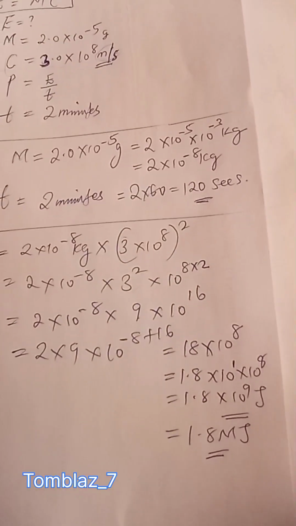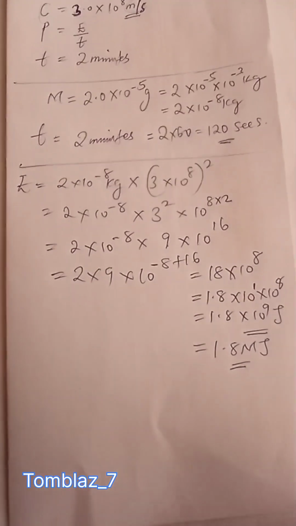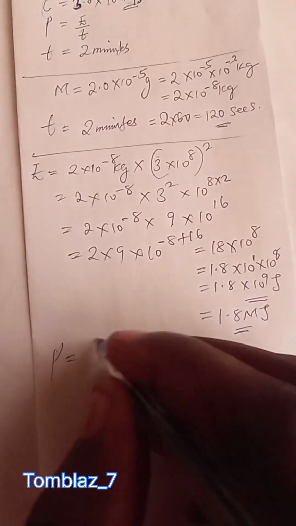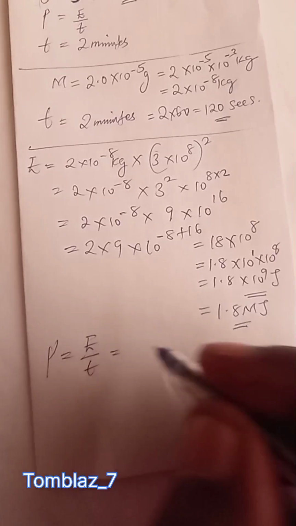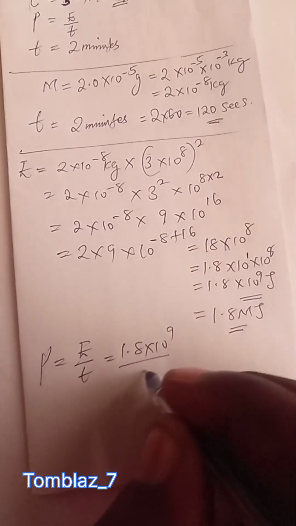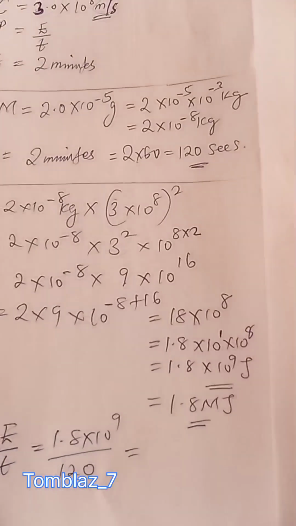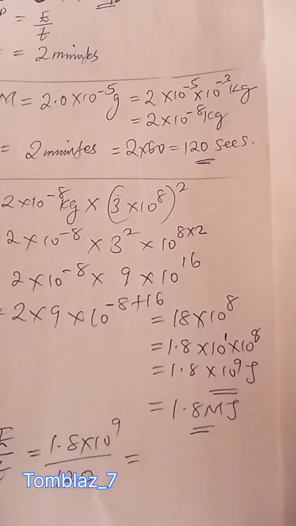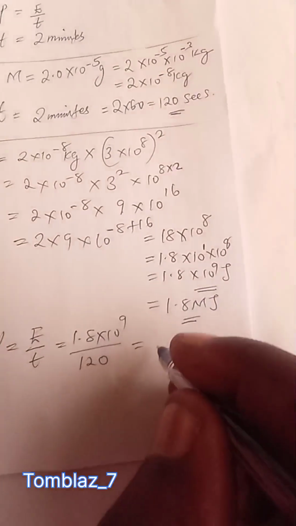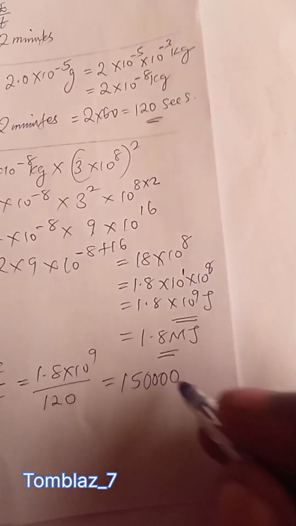So this is where we're going to be using this value to find our power. So power is equal to energy divided by time. So it's going to be 1.8 times 10 raised to the power of 9 divided by time, which is 120. So let's divide 1.8 times 10 raised to 9 by 120. So we're going to have 15,000,000.